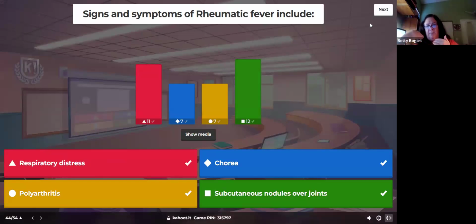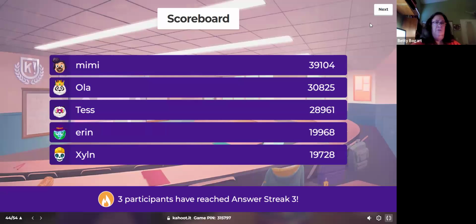How do we get it? A strep infection that wasn't treated. You will see things like respiratory distress, that funny movement called chorea, the swelling of the joints called polyarthritis, and those subcutaneous nodules. Remember, all of that can be reversed with long-term antibiotics, but if it's hit that mitral valve and there's damage, it's always going to be damaged. You're going to have to treat that medically or surgically.